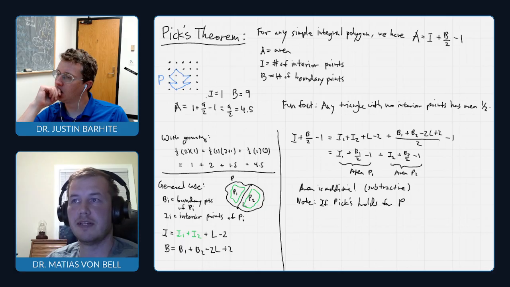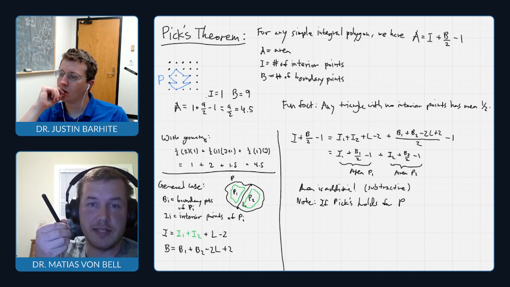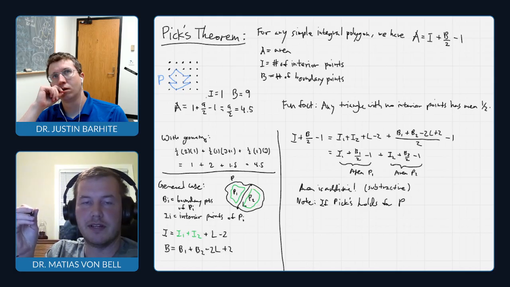This is kind of an inductive argument, but it works a little bit differently in geometry sometimes because you end up having to deal with odd cases. And what we really want as our base case is an arbitrary triangle, because any arbitrary polygon can be triangulated into triangles.